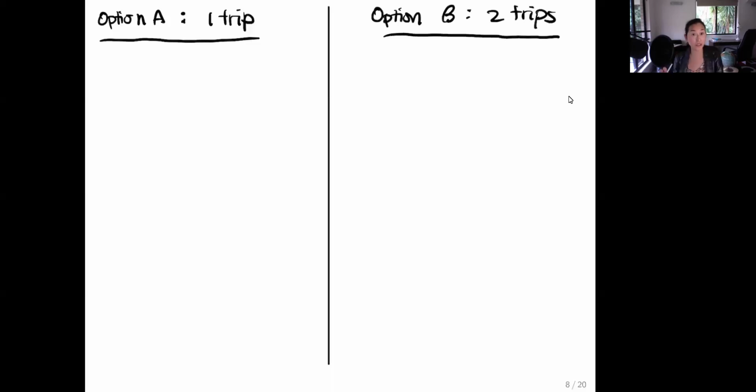You want to remember, first find the mutually exclusive events for each option. So in option A, with 1 trip, if you have only 1 trip, then she either gets robbed or is safe, right? Now the probability of being robbed is 20%. That means the probability of being safe would be 0.8.